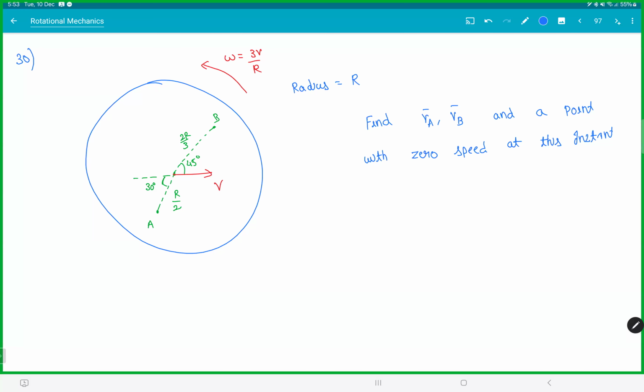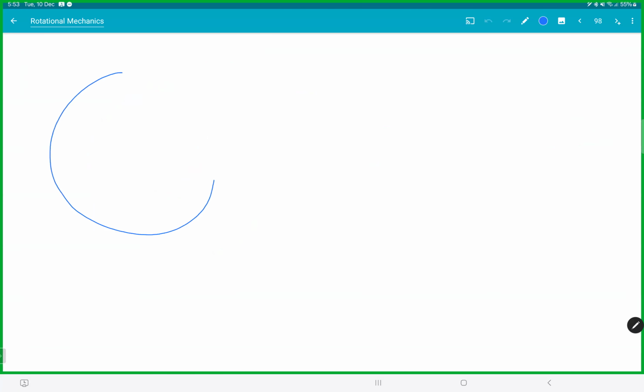Let me show you one for the A. This is point A. This is 30 degrees. So the translation is going V this way. The circle, it is going in a circle like this.